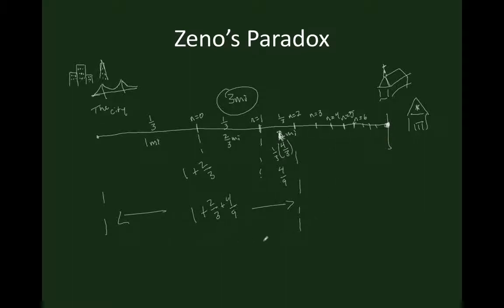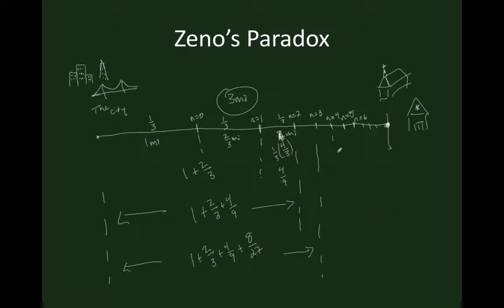And we can think about this journey in terms of what are going to be called partial sums. They're partial distances, partial parts of the journey. And one of the things that mathematicians do is they look for patterns. I'm seeing a pattern. Do you see the same pattern?